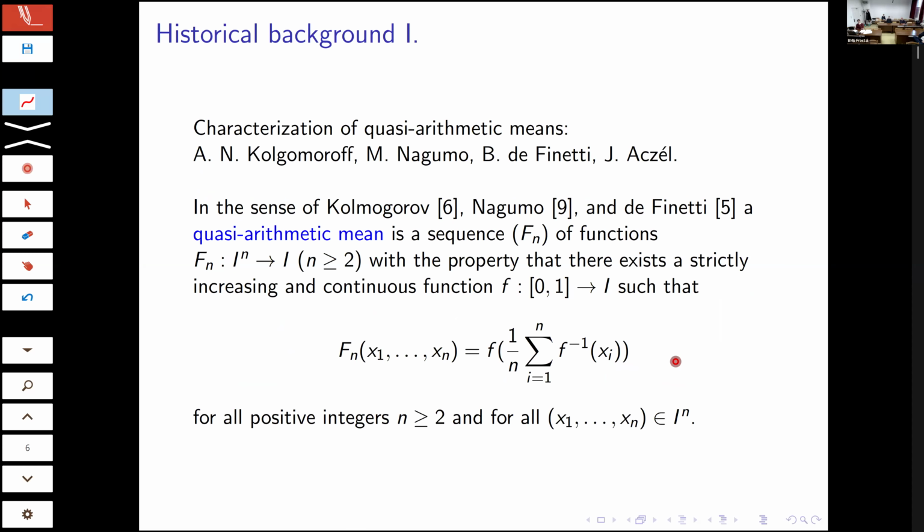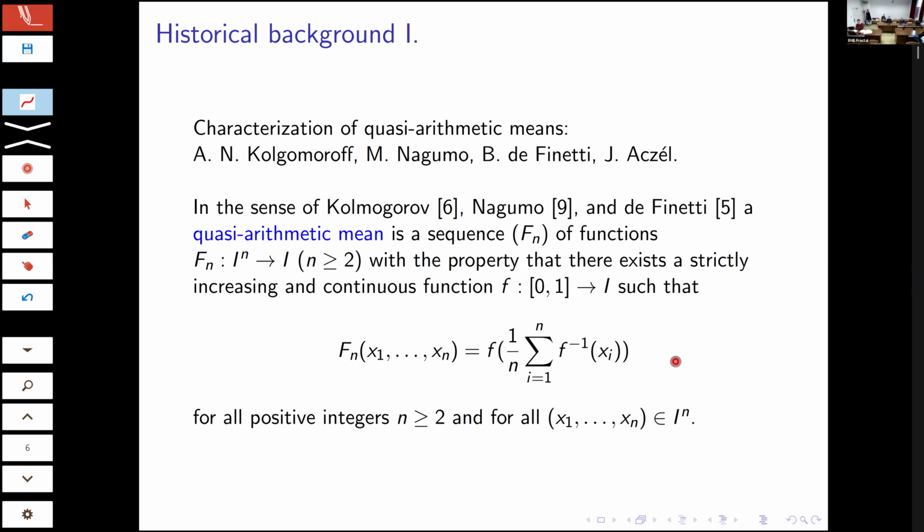The first thing is the characterization of the quasi-arithmetic means, found by Kolmogorov, Nagumo, and de Finetti at the same time. One is from Japan, one is Italian, and one is Russian for sure.